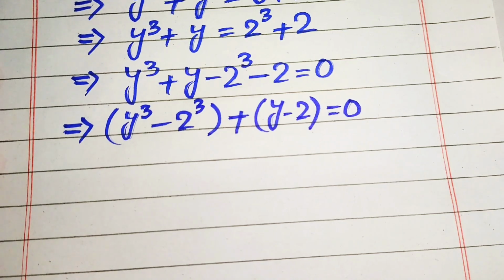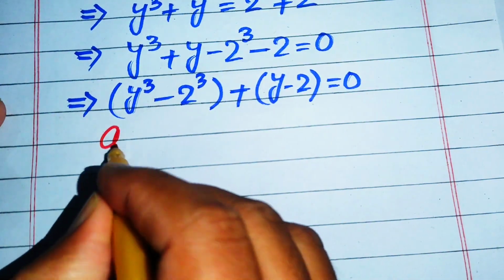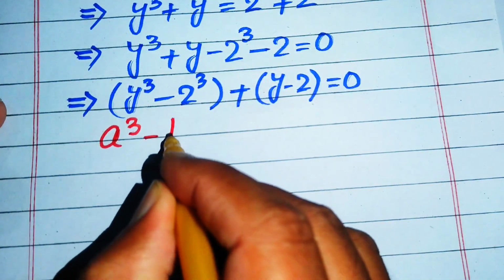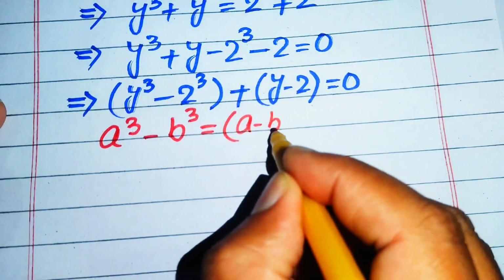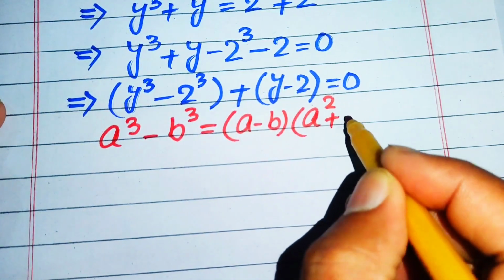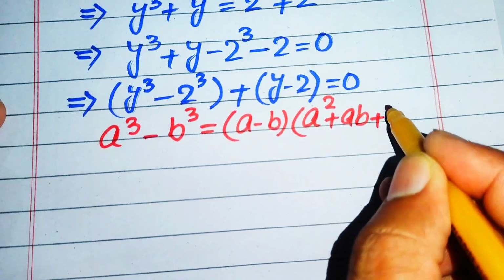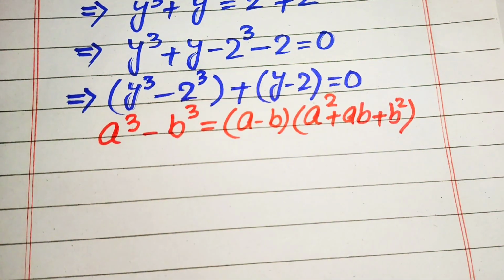And now in the next step we need a nice cubic formula, and you know this formula: if we have a cubed minus b cubed, it equals a minus b times a square plus ab plus b square. So here we use this cubic formula on the above term.